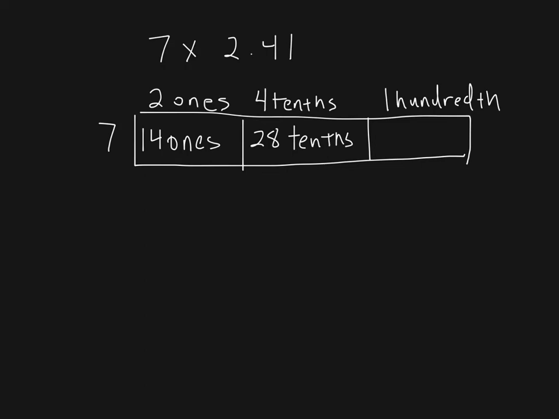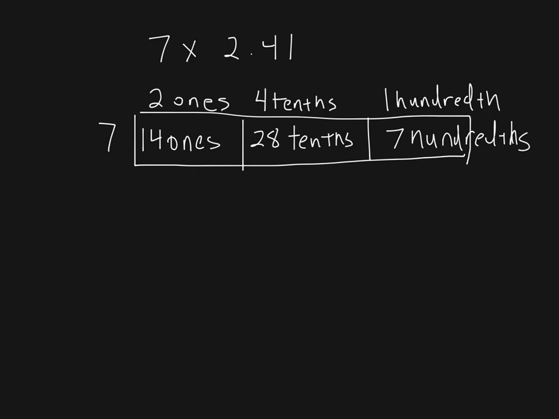7 times 1 hundredth will be 7 hundredths. Looks like I should have made that part a little bit bigger so hundredths would fit in there. Now down below, they're in unit form right now inside the area model. I'm going to write these numbers in standard form down below and add them up.